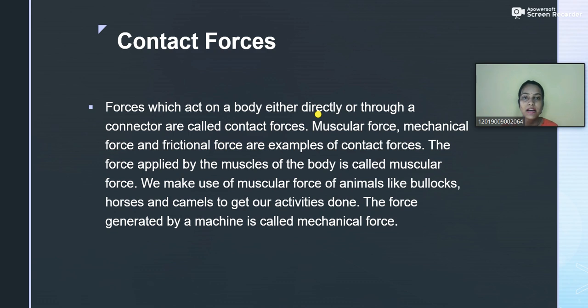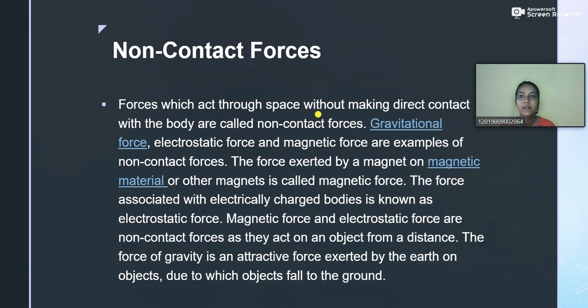The force generated by a machine is called mechanical force. So the force which is generated by a machine is known as what? Mechanical force. So these are the contact forces, and they are very important for us. Then we have the non-contact forces. Non-contact forces are forces which act through space without making direct contact with the body.